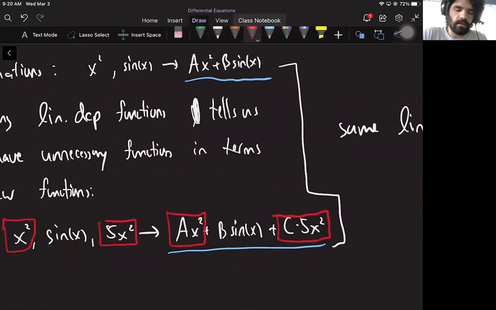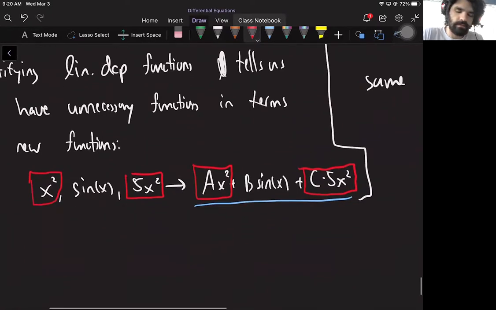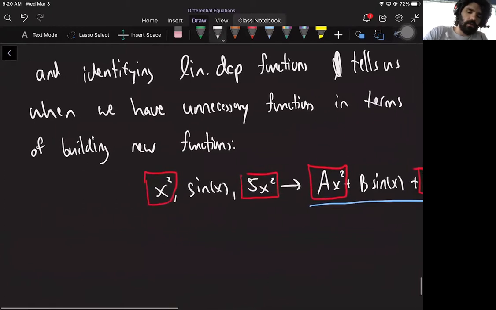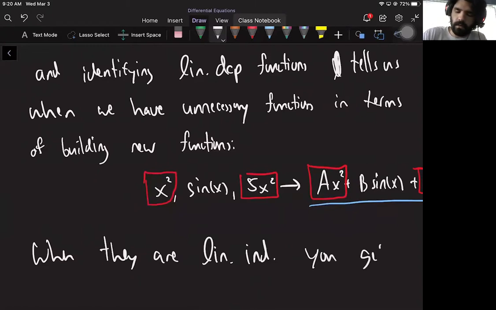So it's really nice when you reduce your building blocks to their most basic pieces, and you don't have any extra pieces that are the same as what you already have. So that's the idea. So then when they are linearly independent, you get no unnecessary functions from this perspective.